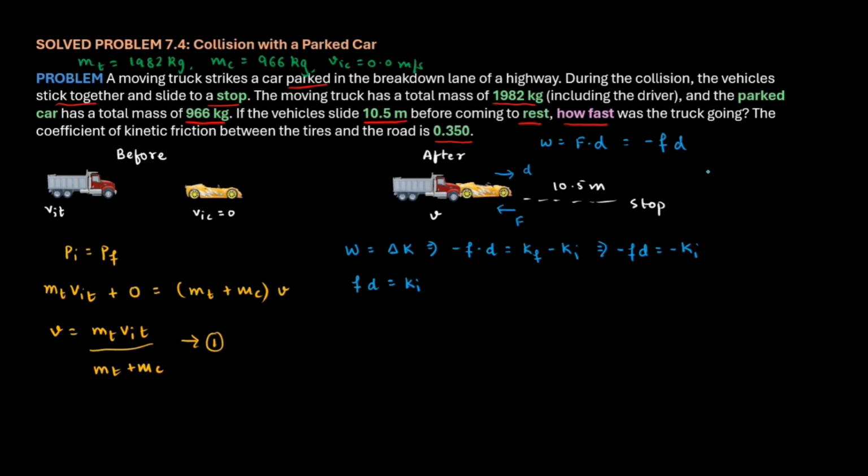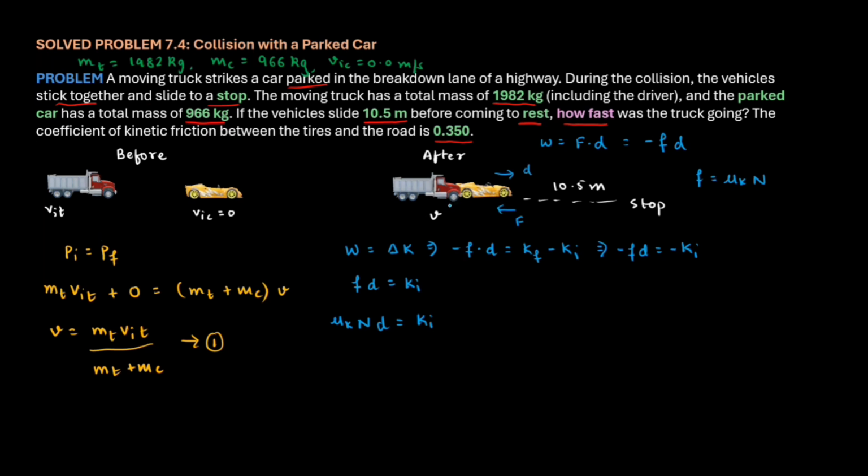Now force of friction F is given as mu k times the normal force. So we will rewrite this as mu k times normal times d equals initial kinetic energy. Now this initial kinetic energy is the kinetic energy right after collision, not the initial kinetic energy of the system before collision.